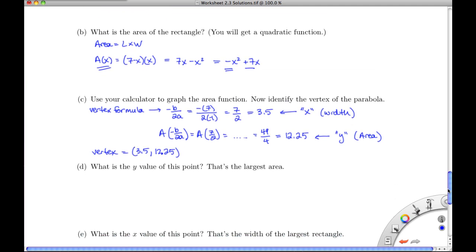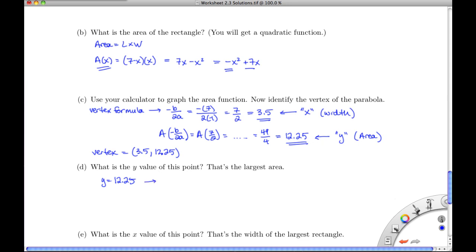Okay, so for part D, what is the y value of the point? Well, we know the y value is 12.25, and this represents our largest area. So when the width is 3.5, the area is 12.25, and we've maximized it because it's the vertex of our graph.